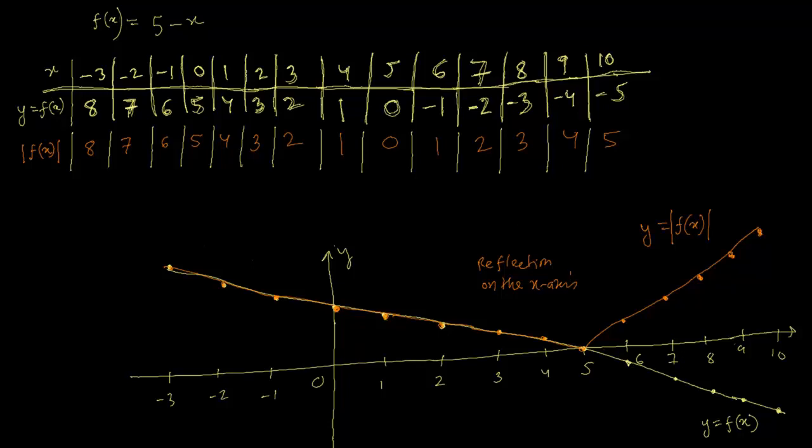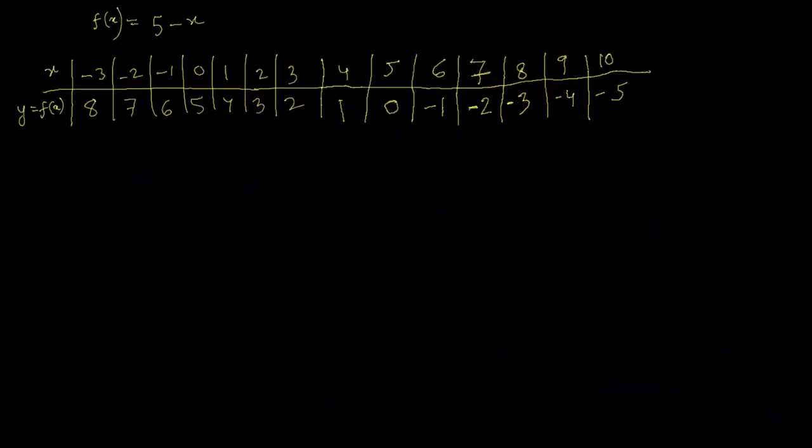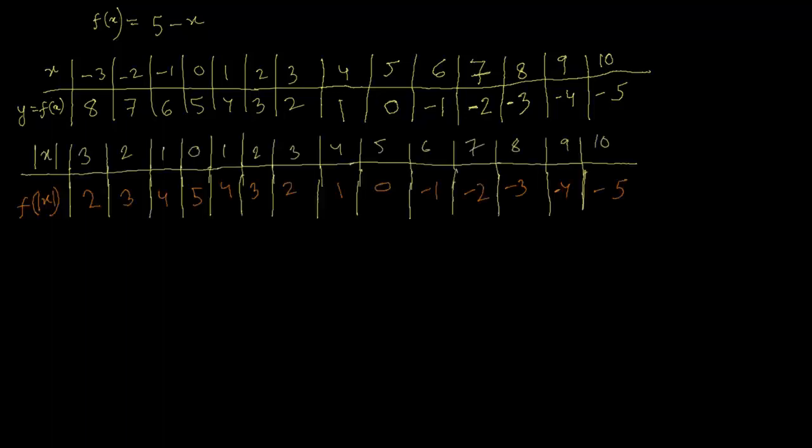Now the next one. If you think about another transformation, this time not the absolute value of f(x), but f of the absolute value of x. That means here the absolute value is not on the entire function but only on x.